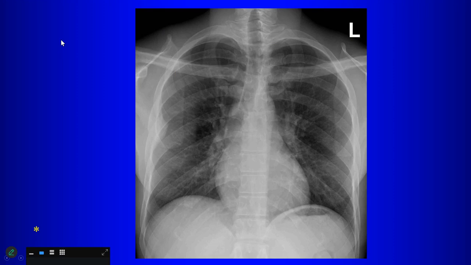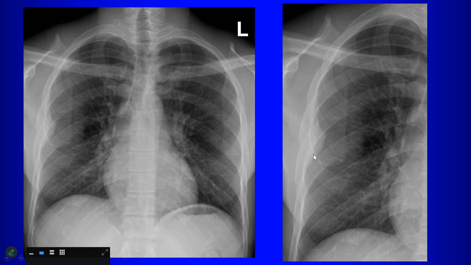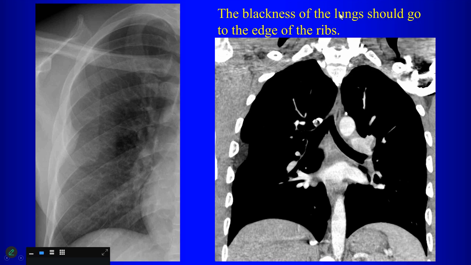How about here? Right pleural opacity. There's a right pleural mass here. So look at the close-up. There's your right pleural mass. What does this mass turn out to be? That looks like it's fat density.